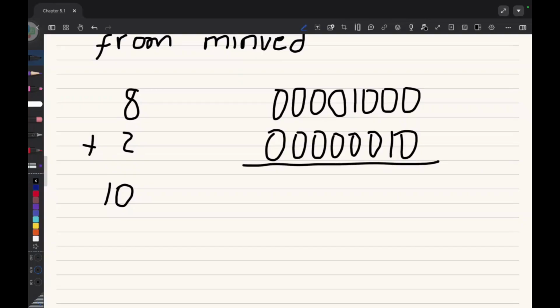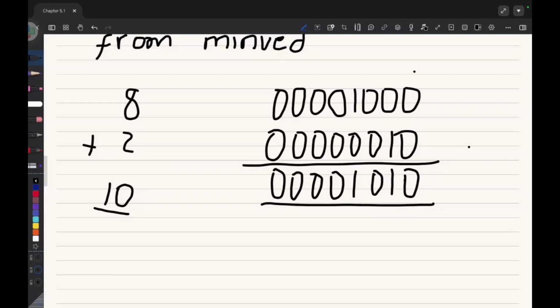When you add these values, you get 1 0 1 0, which is 10 in binary.